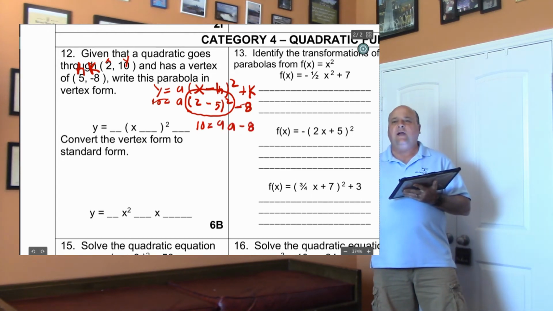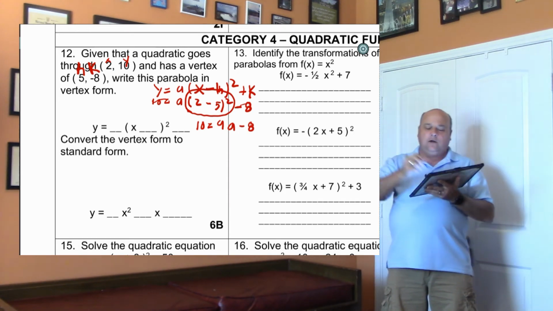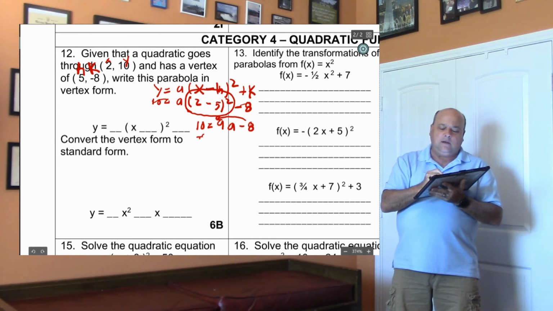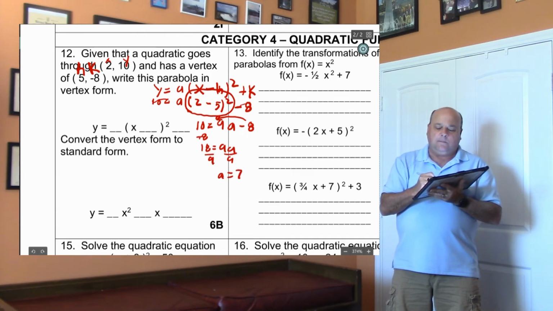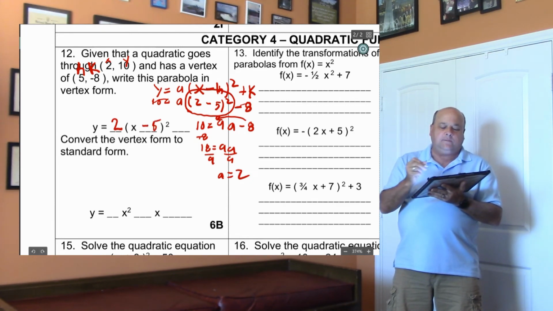Now we could solve that for a, can't we? We can move the 8 over, and I'll do this for you. If you move the 8 over, plus 8, you'll get 18 equals 9a, and then divide by 9, and a is going to end up being 2. So I'm going to put the 2 right here. My h is minus 5, remember it flips, and my k is minus 8.